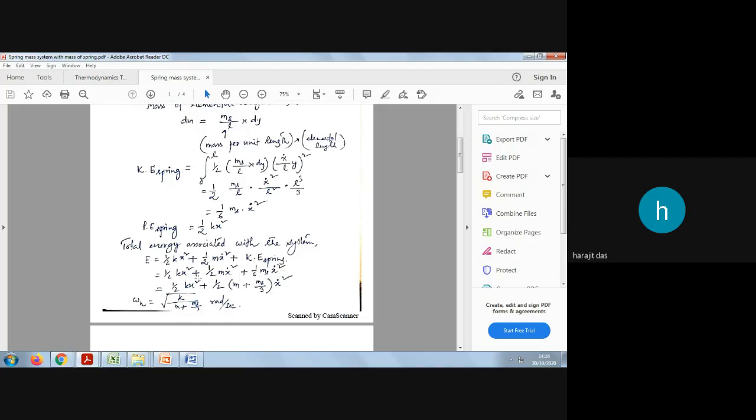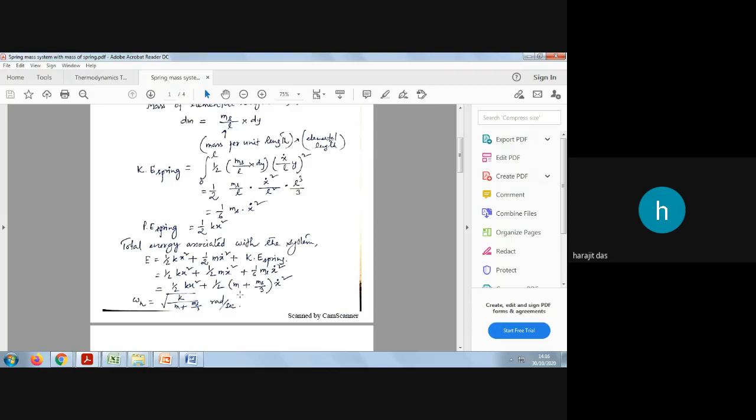If you compare this equation with our spring mass system equation, they are similar, only the coefficients are different. So from this expression, you can directly write the natural frequency, isn't it?